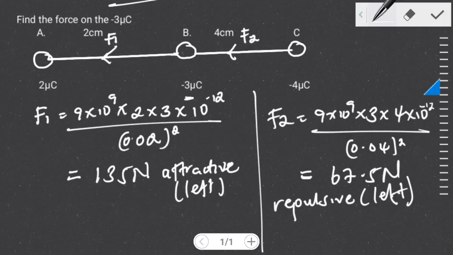Here is the way I would work out the resultant: both are moving to the left, so the resultant would be negative 135 minus 67.5, both in newtons.